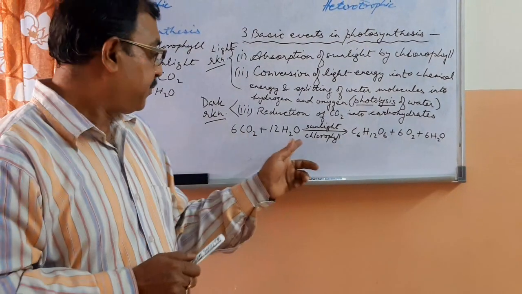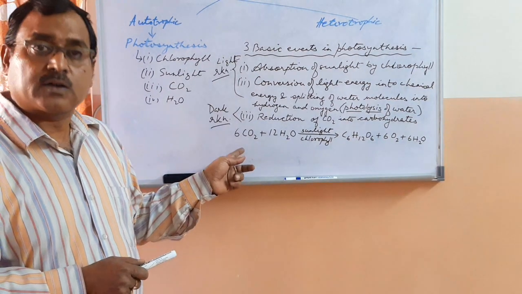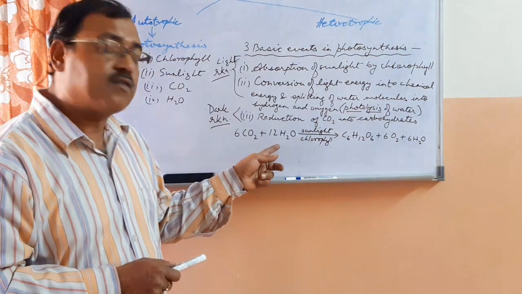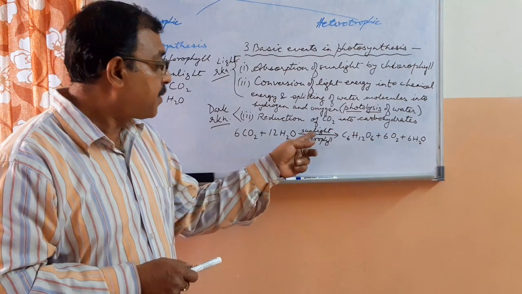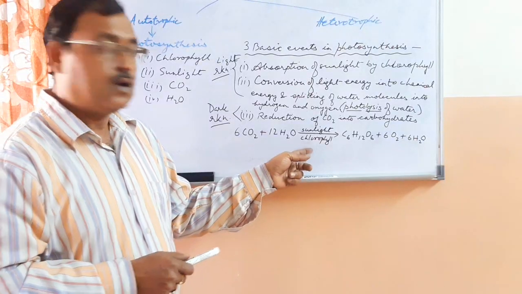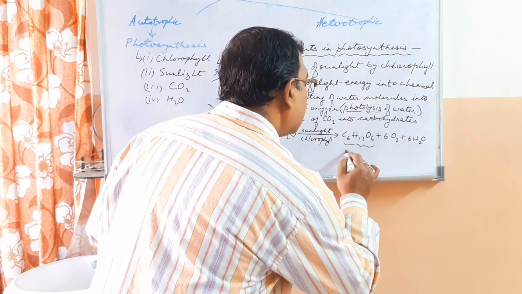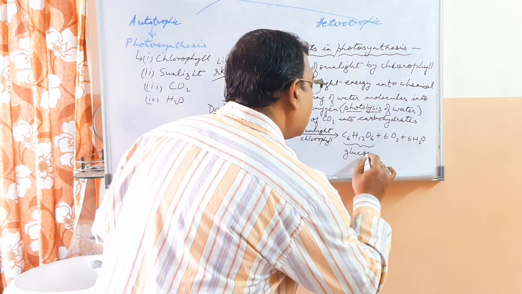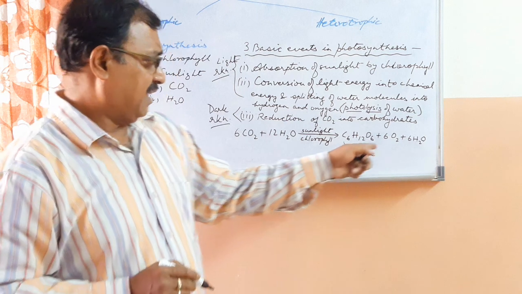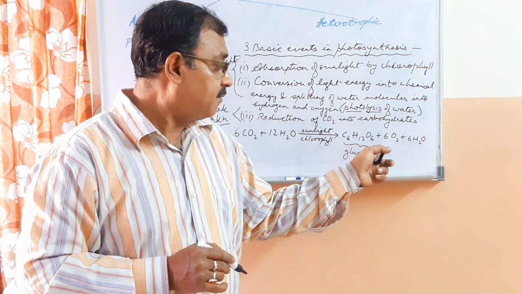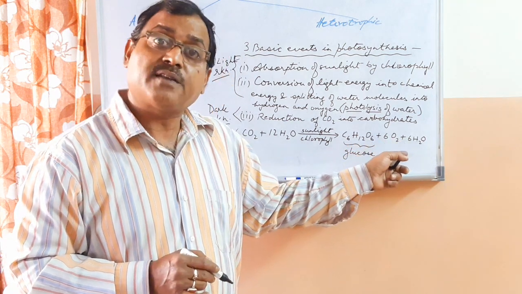So see, 6 molecules of carbon dioxide combine with 12 molecules of water in the presence of sunlight and chlorophyll to produce glucose, plus 6 molecules of oxygen and 6 molecules of water vapor.